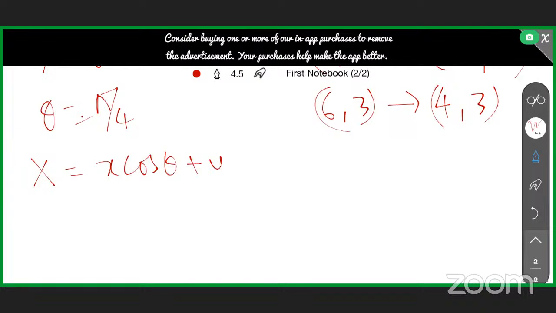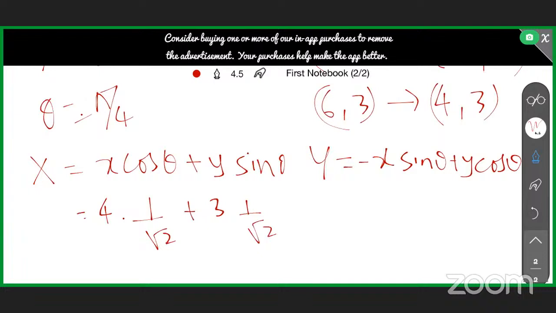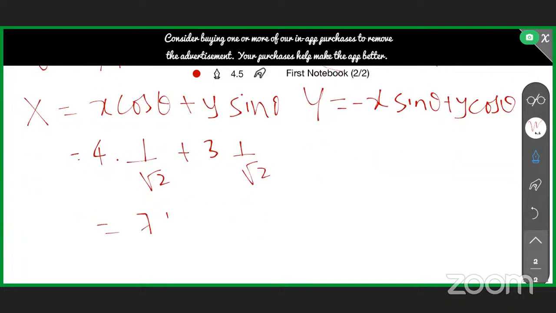So x value is how much? 4. 4 into cos pi by 4 is 1 by root 2, and y value is 1 by root 2. This will be equal to 7 by root 2.